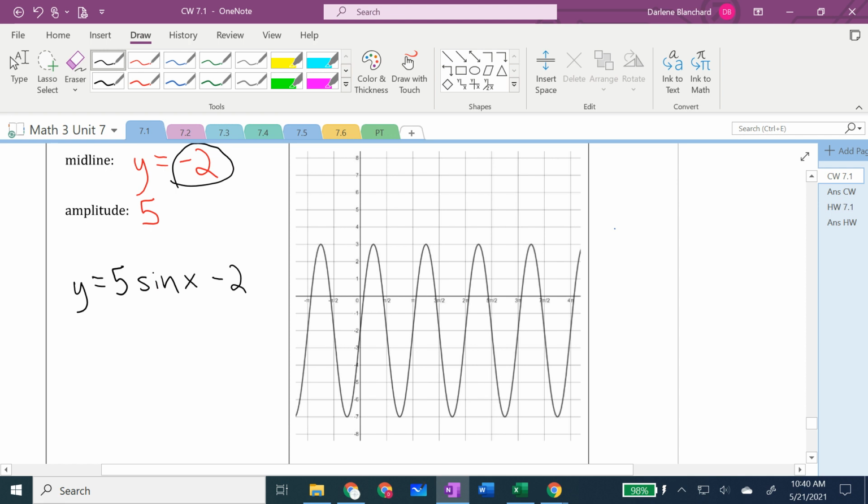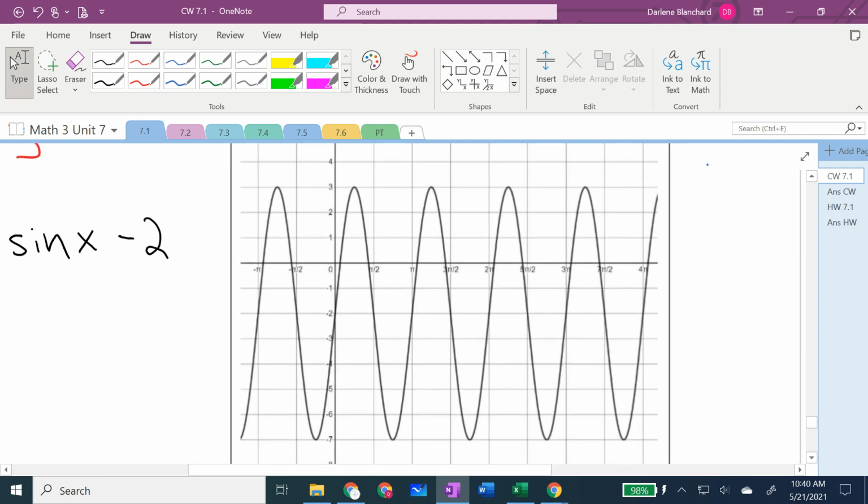However, this is only dealing with the vertical aspect. I still need to take a look at the horizontal aspect. And so what I didn't have you do with this problem, we're going to now do. Here is the midline location of -2 at my beginning radian angle of 0.